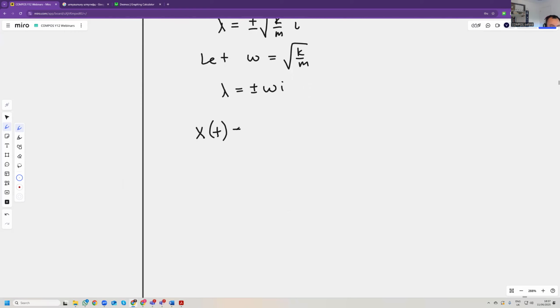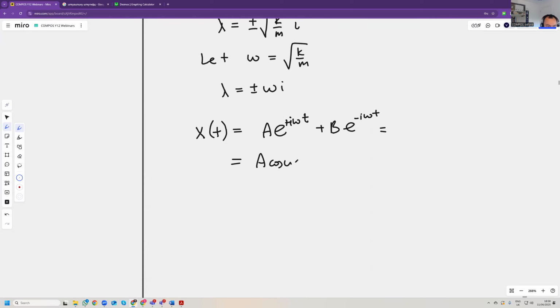x of t is equal to a e to the minus i omega t plus b e to the plus i omega t. And let's do the whole thing again.